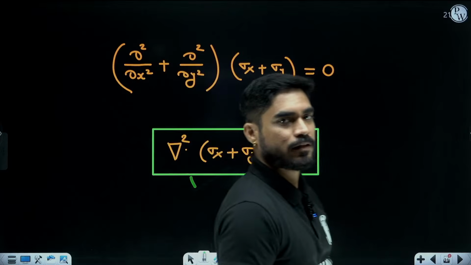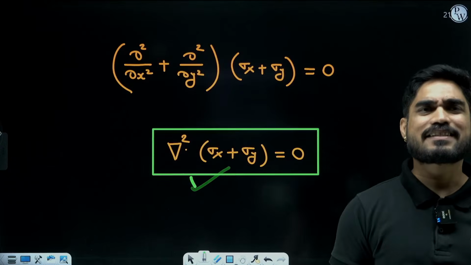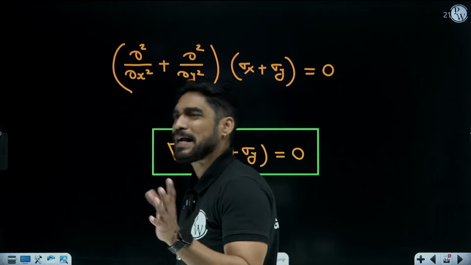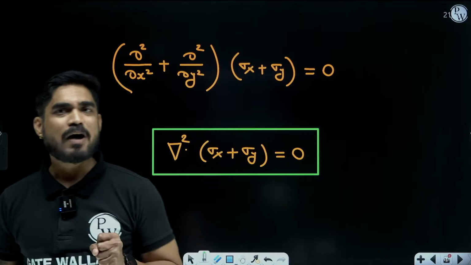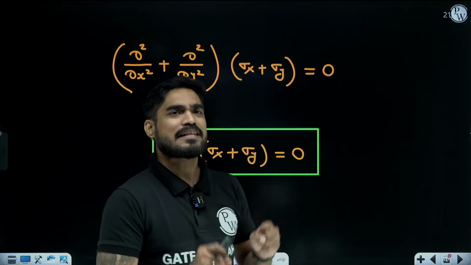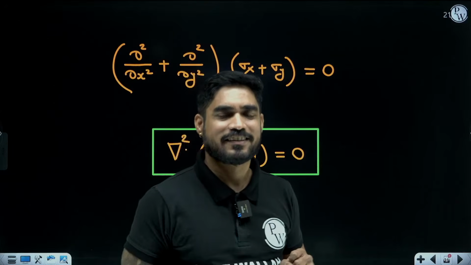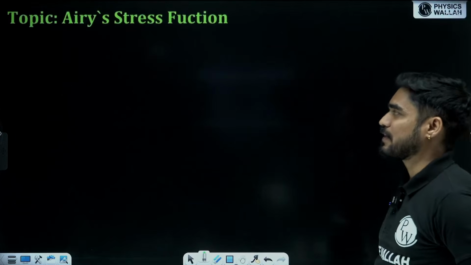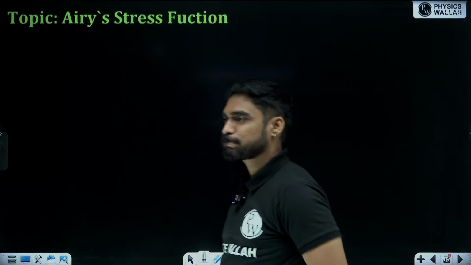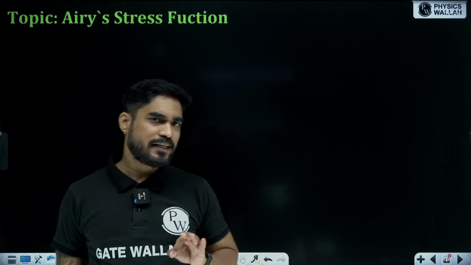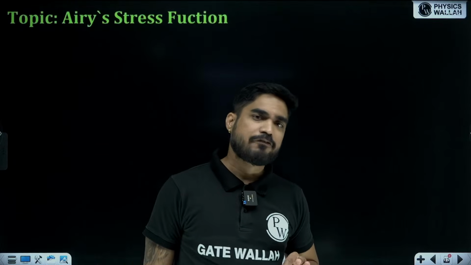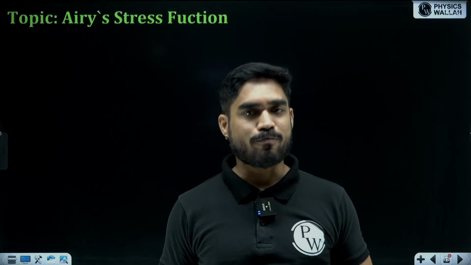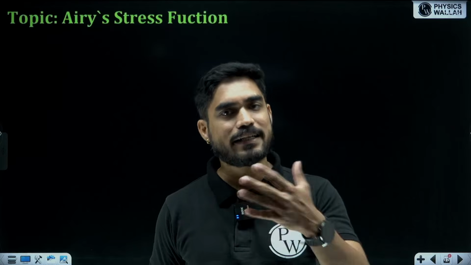Okay. Now, why are we studying all this? Why are we studying the equilibrium equation, the compatibility equation? Why are you not telling us directly the Airy stress function? So let's understand now what is Airy's stress function. At any point in a body, if you want to calculate stresses, you need to find the stress components sigma x, sigma y, tau xy, right?